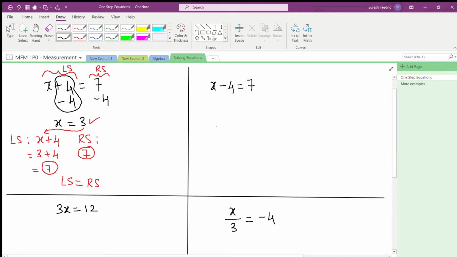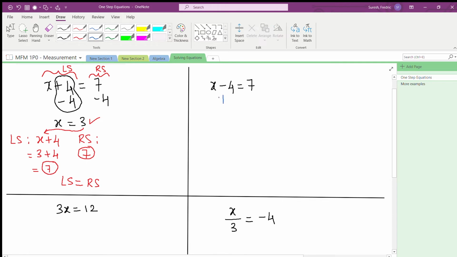Moving on to the next problem, what we notice here is that the 4 is subtracting from the x, and we need to do the opposite operation. In the first problem, because this was addition, we did the opposite operation, which is subtraction. In this case, the operation is subtraction, which means I need to do addition.